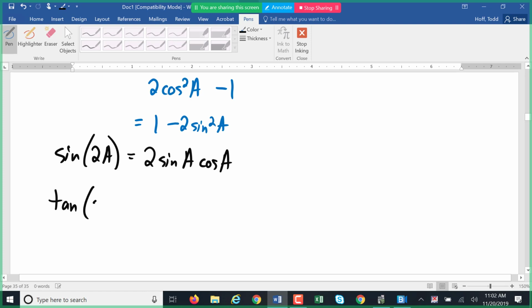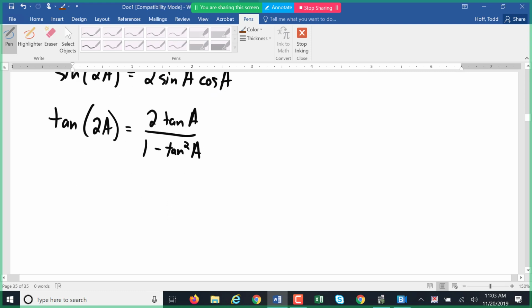The tangent of 2a is 2 times the tangent of a over 1 minus the tangent squared of a. Okay, so those are the double angle formulas.